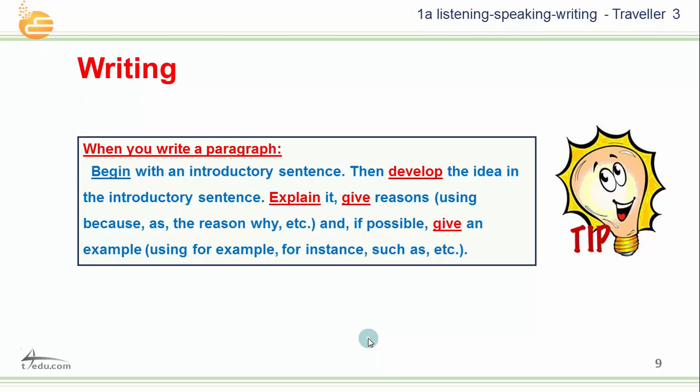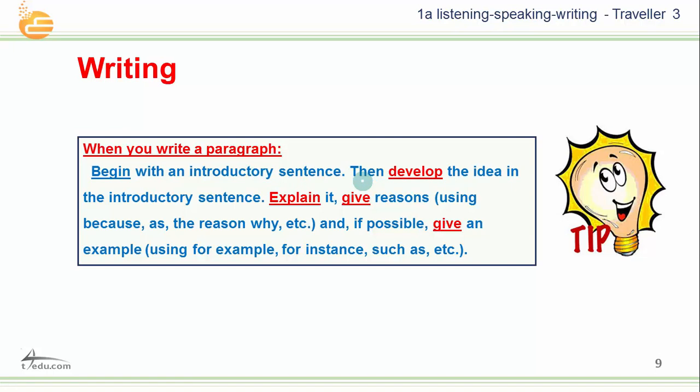Now, if we use this kind of discussion to go to something for writing, if I ask you all this kind of speaking and conversation that we just made, how about we put it in some kind of writing? So, when you write a paragraph in general, begin with an introductory sentence. The introductory sentence, we call it the introduction.